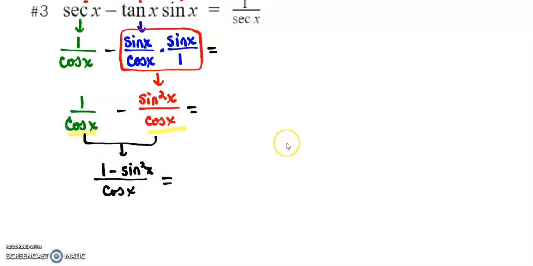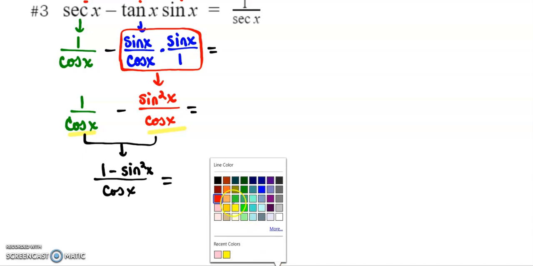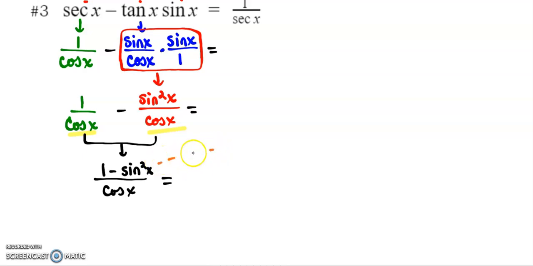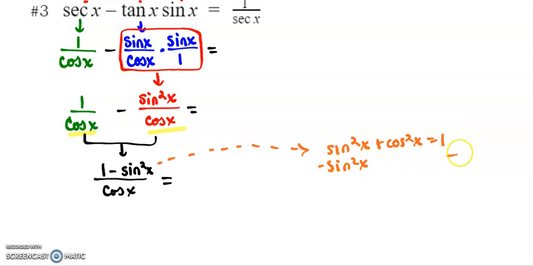Well, 1 minus sine squared depends on how savvy you've become with our Pythagorean identities, but sine squared plus cosine squared equals 1. That's our main Pythagorean identity. If I move this sine squared over by subtracting it, since it's technically a positive over there, cosine squared is 1 minus sine squared.